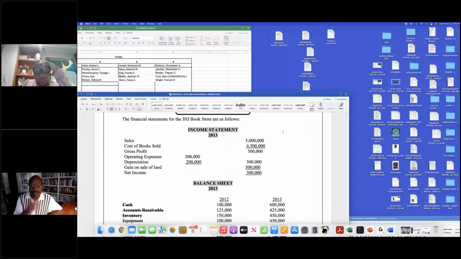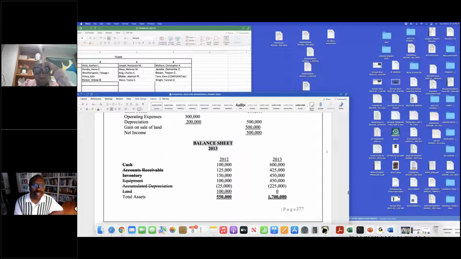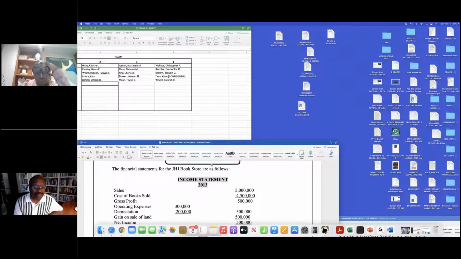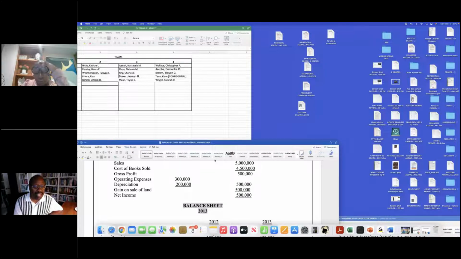What's your gain on the sale of land? 300,000. How much cash did you get for the land? Just think about that. 100,000. I think you might have got more than that. Work on that. Remember, you got to balance out.